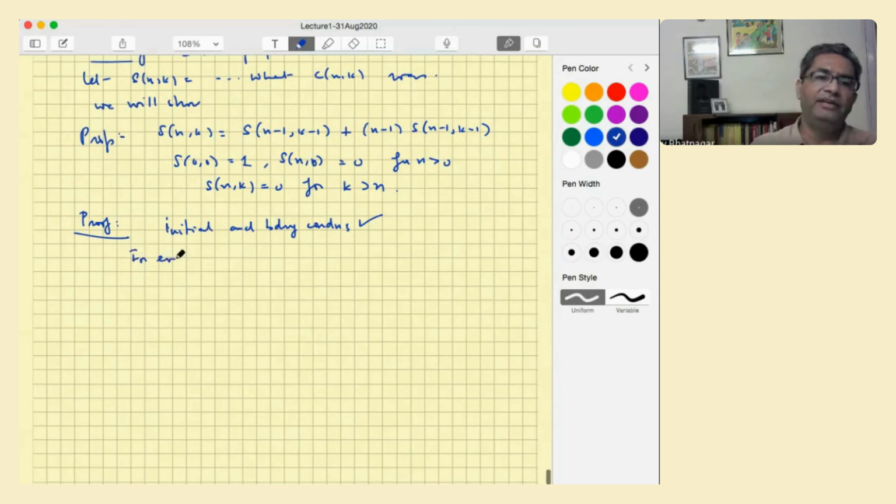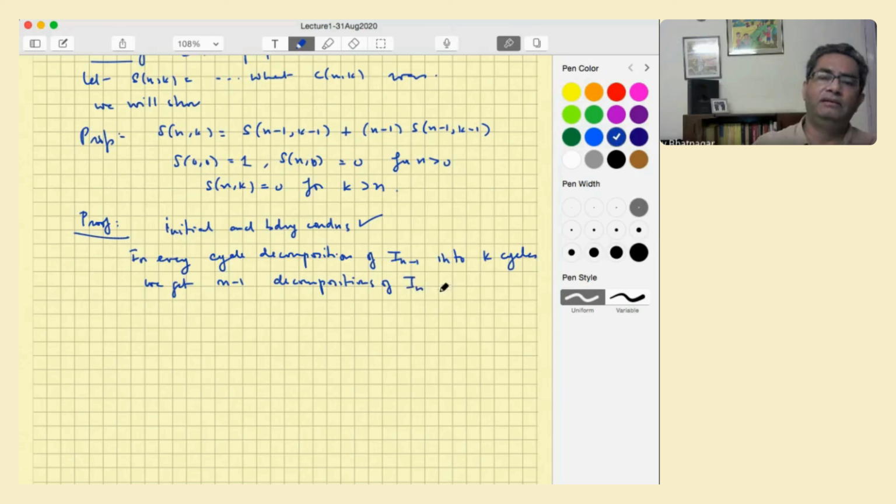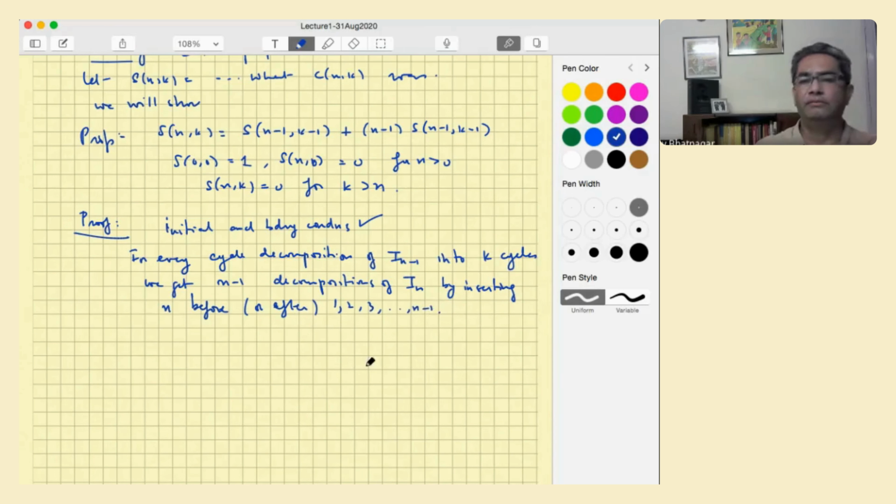And for every cycle decomposition of I n minus 1 into k cycles, we get n minus 1 decompositions of I n by inserting n before or after one of 1, 2, 3 till n minus 2.